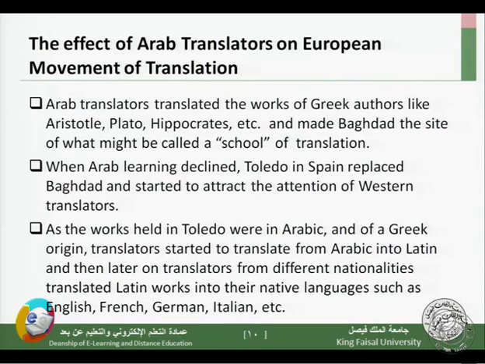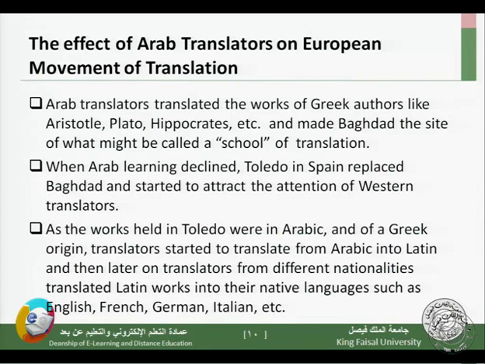Baghdad during Abbasid time was the school of translation, because so many people were interested in translating knowledge, science, art from Greek into Arabic, from Persian into Arabic.